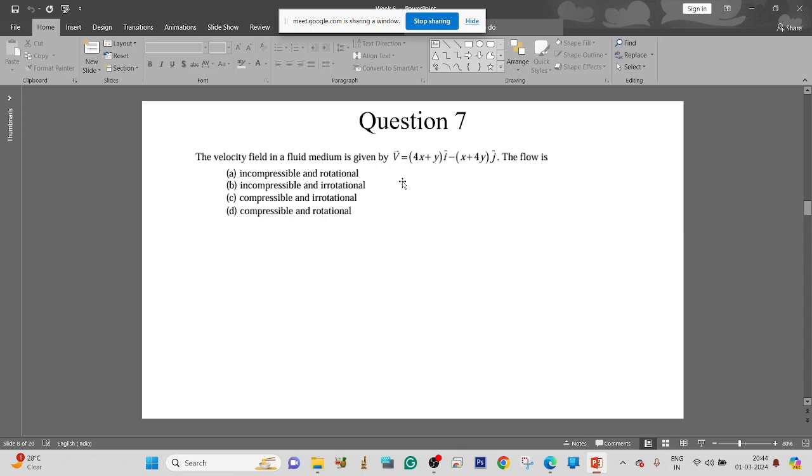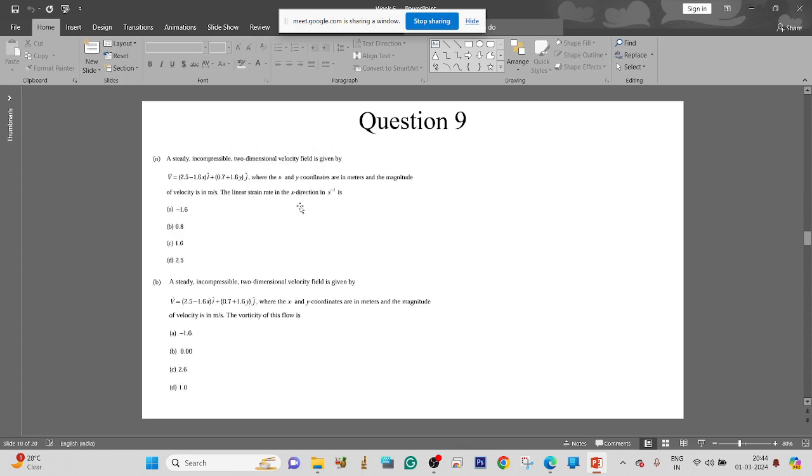The continuity equation. If it comes to 0, then obviously the flow is incompressible. So it is incompressible. And what about the rotationality? It is rotational. Yeah, correct. So should I solve it or is it fine? Fine, ma'am. Okay then, let's proceed to the next question.